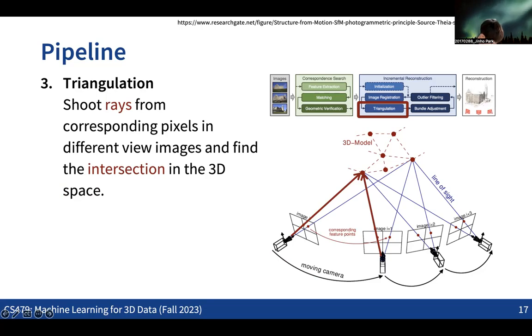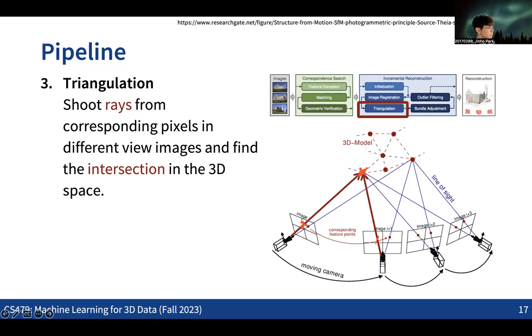If everything was calculated correctly, these two rays of the corresponding pixels will intersect at one point in the 3D space, right? This was the point that was projected into each 2D image. This is how we get the 3D information.